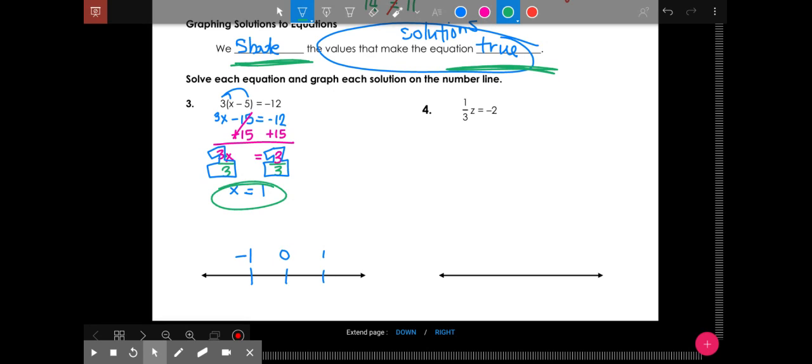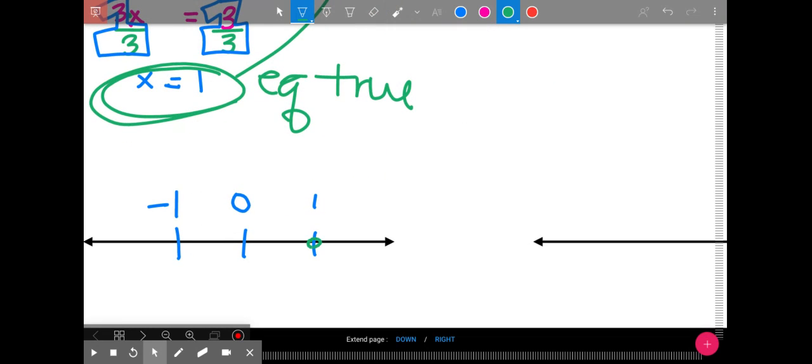Well, 1 is the only value that is going to make my equation, whoops, I wrote EG, not EQ, my equation true. So if I put 1 in for x, the equation will be true. Any other number, false. So the only number I'm going to shade is 1 with a solid dot. That's how I shade 1.